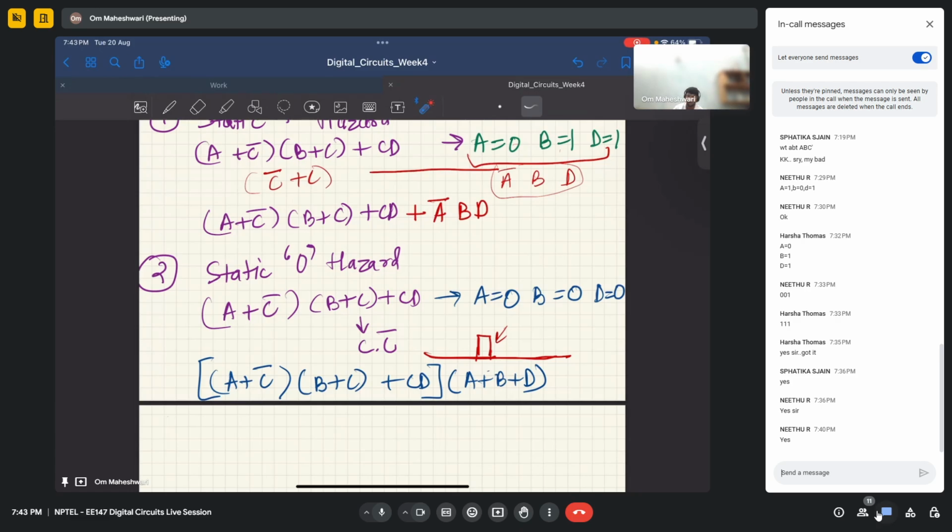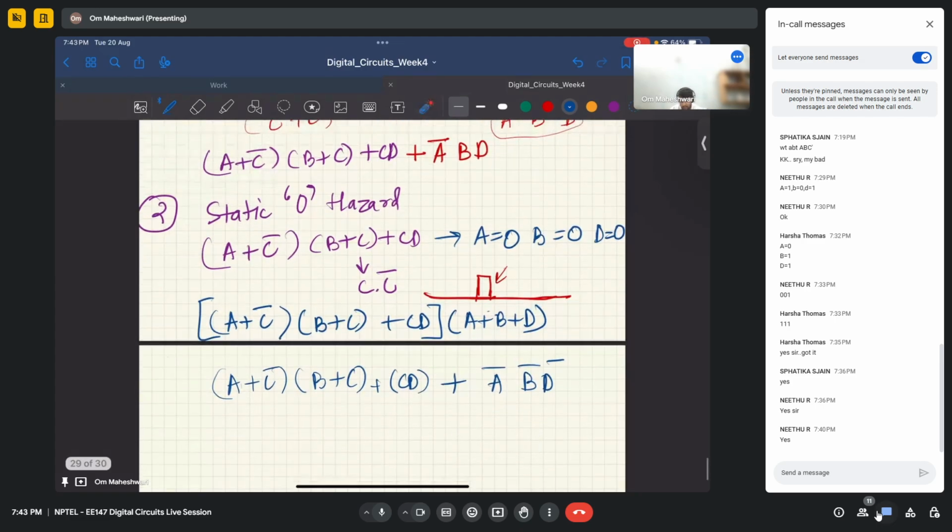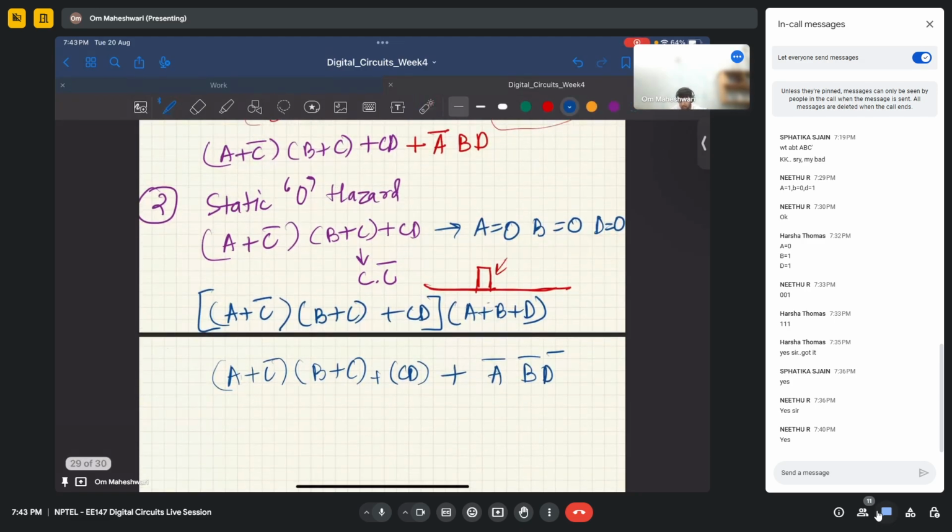Sir, if we add A bar, B bar, D bar, then... Right. So let's say if I did not do this, A plus C bar, B plus C plus CD, and I add A bar, B bar, D bar. Now whenever these three will be 0, this term will become what? 1, right? We have a C C bar whenever A0, B0, D0 comes.